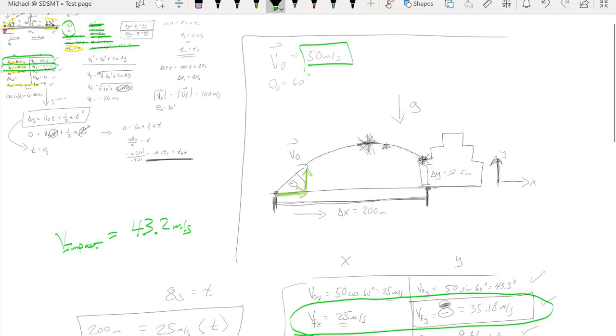So we've lost a little bit of speed by not allowing the payload to continue accelerating under gravity. And this is actually not a good thing for warfare, because the faster the payload goes, the more damage it's going to do.